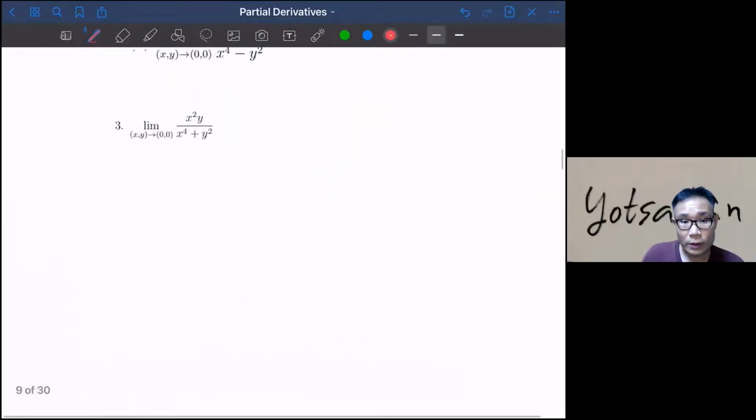For number 3, you have the limit as (x, y) goes to (0, 0) of x squared y over x to the 4th plus y squared.